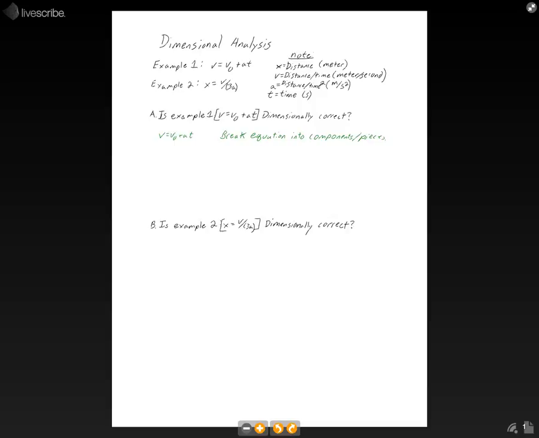And we do that by replacing the v with meters per second equals v0, which is kind of like the initial velocity, which is still just in meters per second, plus the acceleration, meters per second squared, multiplied by the time, t, which is in seconds.